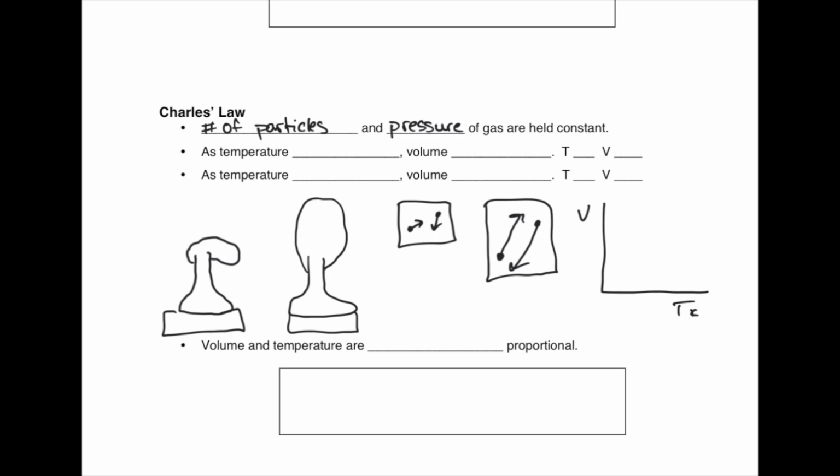And again, because we're dealing with gases, we need to make sure that we are talking about the temperature in Kelvin. So as the temperature increases, volume increases. As the temperature decreases, volume decreases. Okay. And so these are also directly proportional.